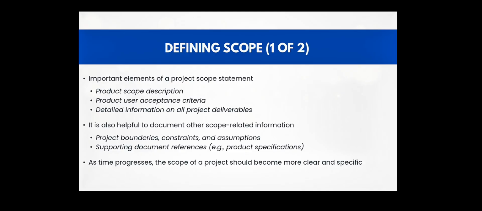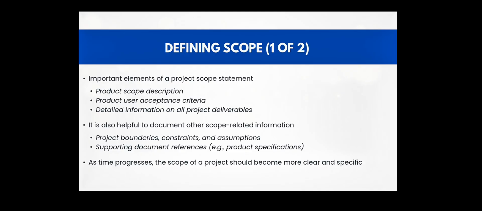It defines a baseline for performance measurement and project control, and it aids in communicating clear work responsibilities. In defining scope, there are important elements of a project scope statement.